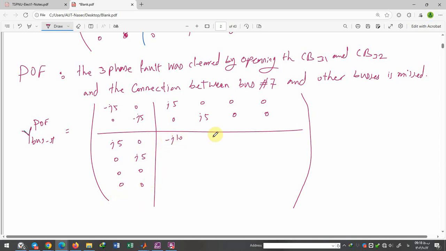Minus J7, 0, minus J10, 0, J5, 0, 0, J10, 0, J5, J5, 0, 1 minus J5.5, 0, and after that 0, J5, 0, half minus J5.5.